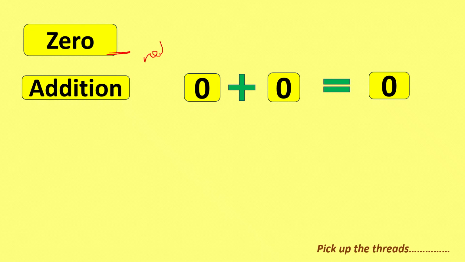Its value is nothing. That's why when we add any number to zero, we get the same number. When we add zero to zero, we get zero. You have to remember it like that.